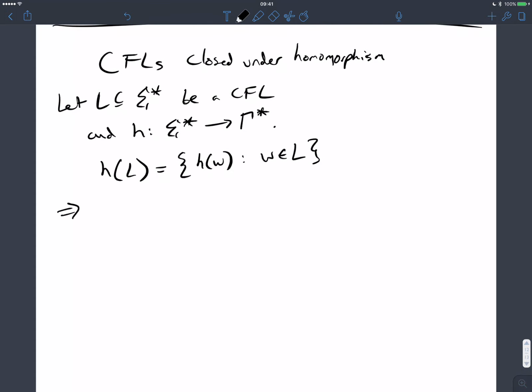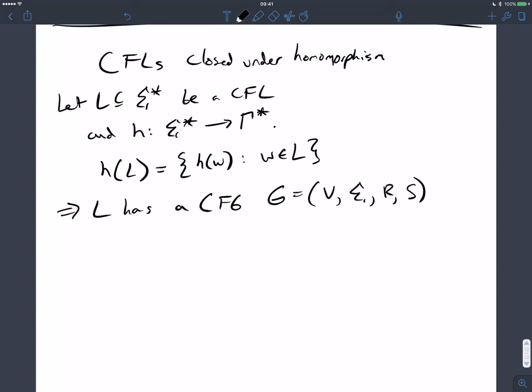So we know that L has a CFG G. I just want to give the formal parts of it, but it's not going to be necessary here. If I produce a terminal of G, what should I have produced if I want to have a grammar for h of L?